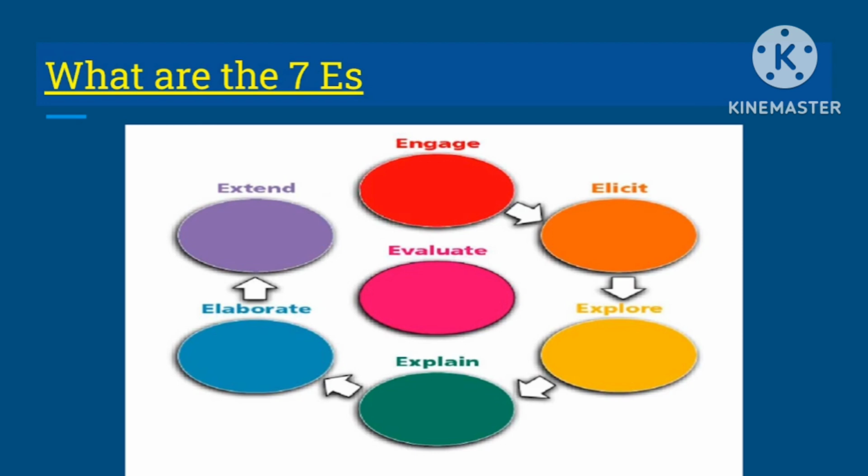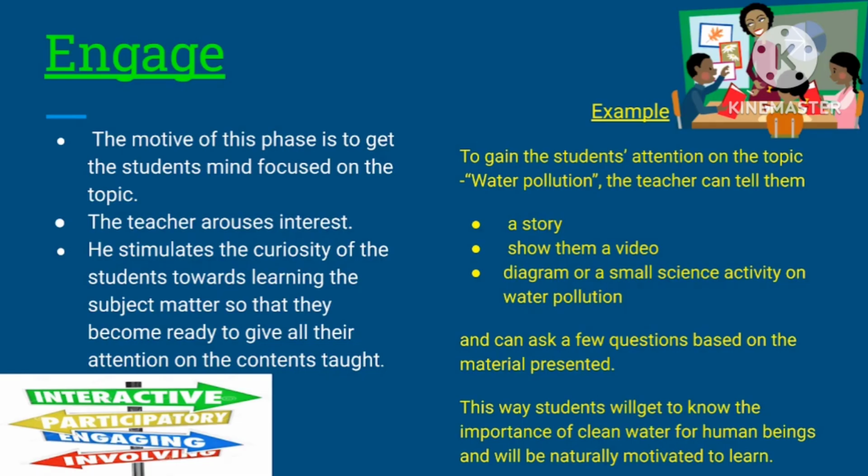The motive of this phase is to get the students' minds focused on the topic. The teacher arouses the interest of the students in this phase and stimulates their curiosity towards learning the subject matter so that they become ready and give all their attention to the contents taught. Please stop the video to read the examples for each E.